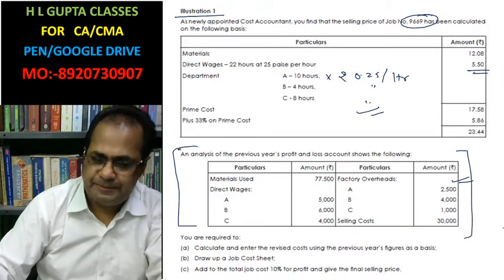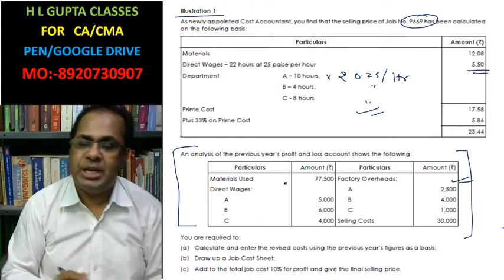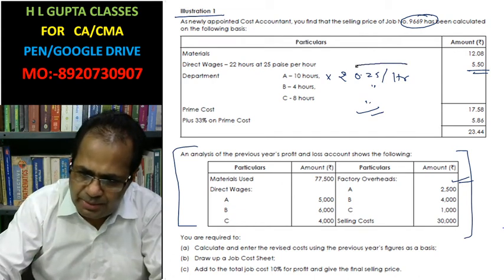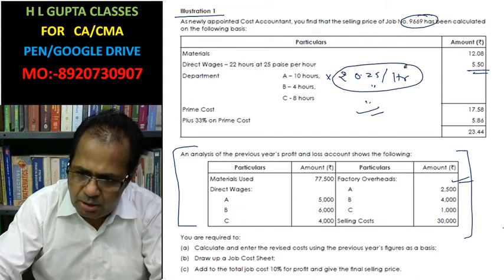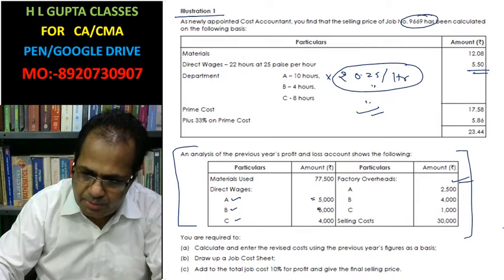In this case, labor hours are not given. Labor hours can be calculated on the basis of wages per hour given here. Previous year wages given to A department, B department, C department are 5,000, 6,000, 4,000.